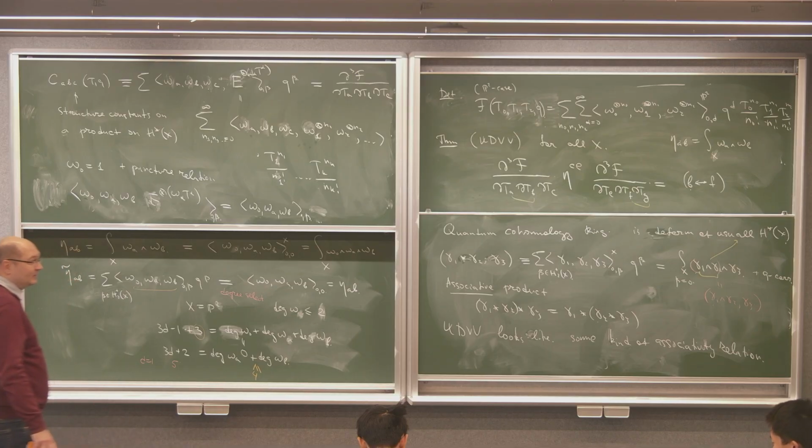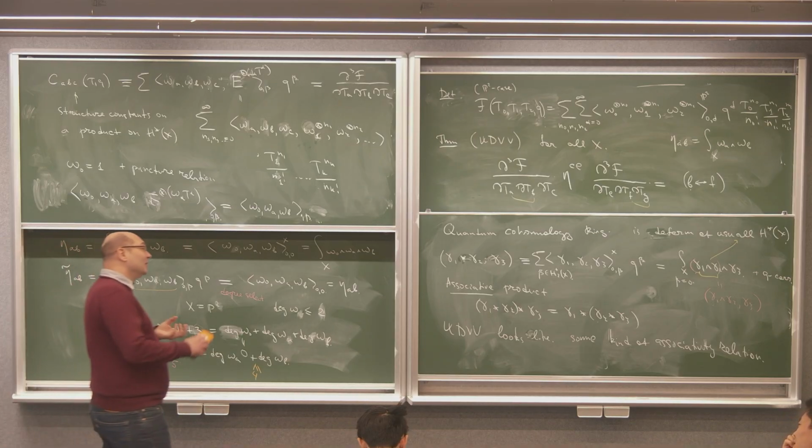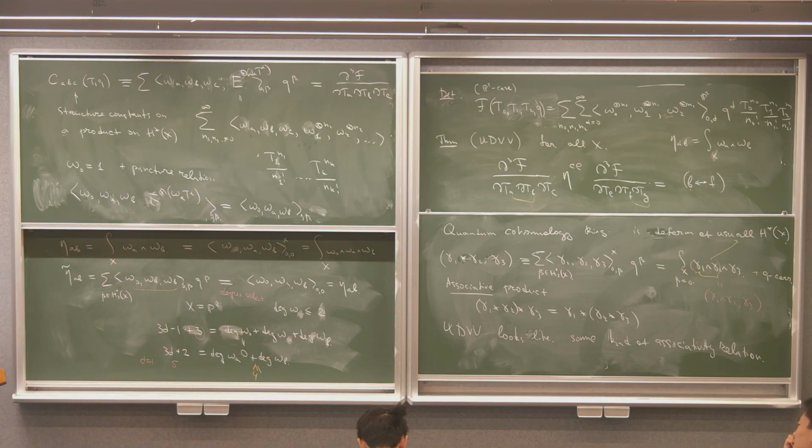But on the chain level, if you take a chain and do Poincaré duality, you typically get a singular form, and Fubini-Study is not a singular form. So that's why there is no problem.